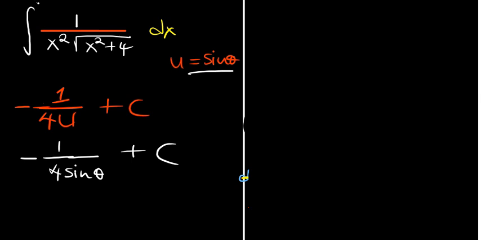For a triangle, we need to go back to what we said. We said let our x be equal to what? If you remember, it was in the form of tan, and it was a b, right? So it was 2 tan theta. If you make tan theta the subject, you're going to have x over 2 being equal to tan theta.